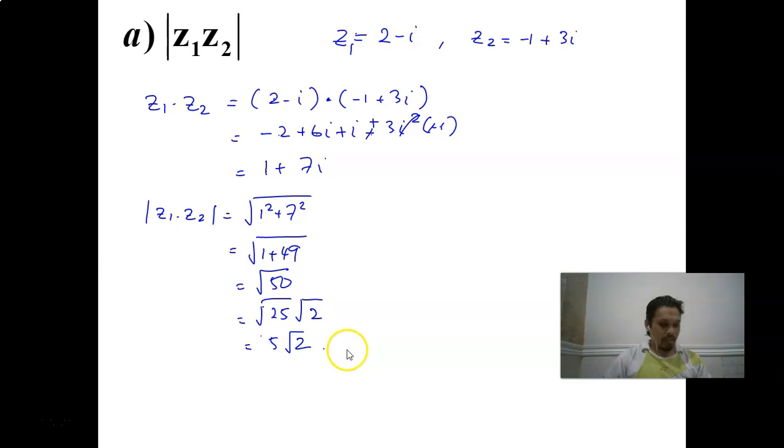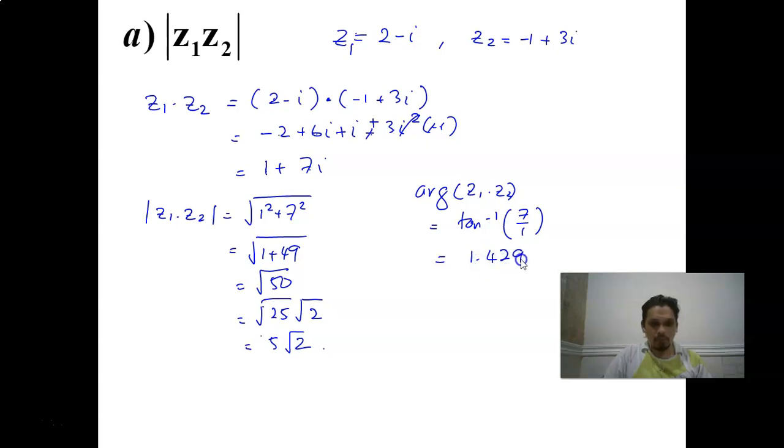And then the argument of z1 times z2 is arctangent of 7 divided by 1, which is equal to 1.429 radian.